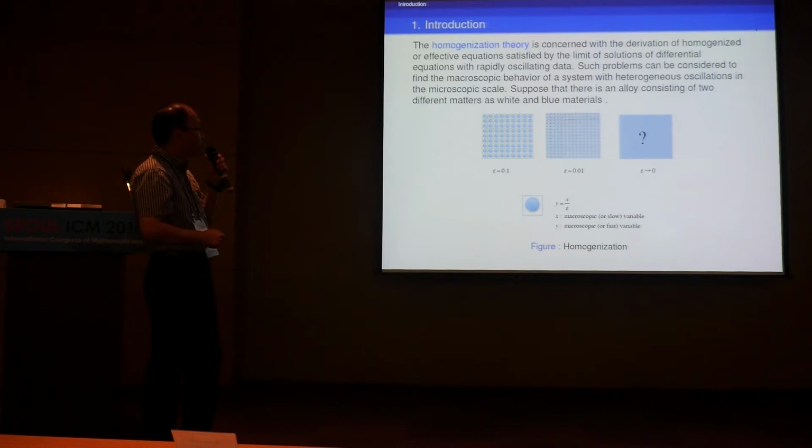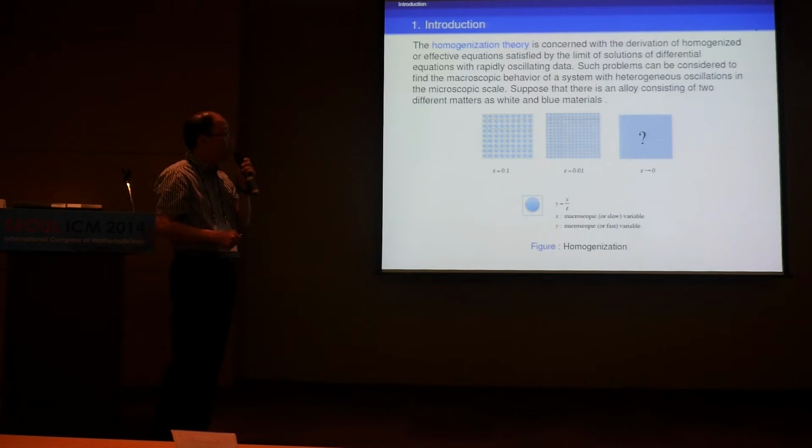If you look at this picture from a little farther away, you will see this picture with a smaller periodicity. And if you look at the picture from really far away, then the material looks very homogeneous. So we are asking about the property of this material having oscillation at a smaller scale.